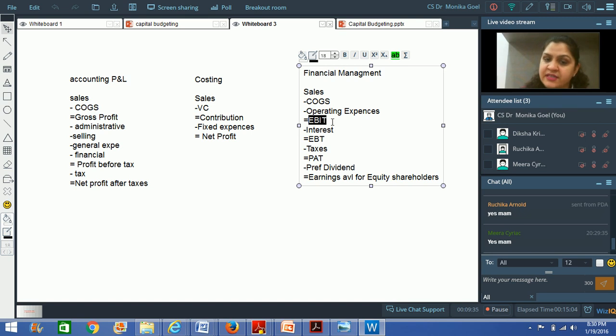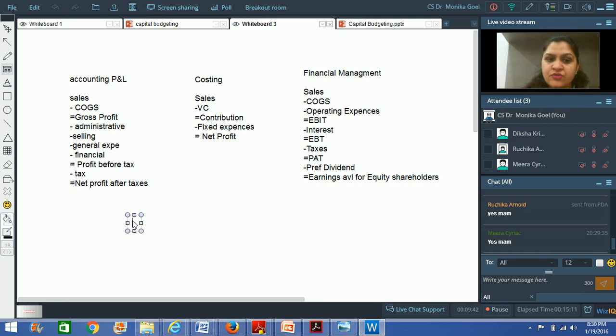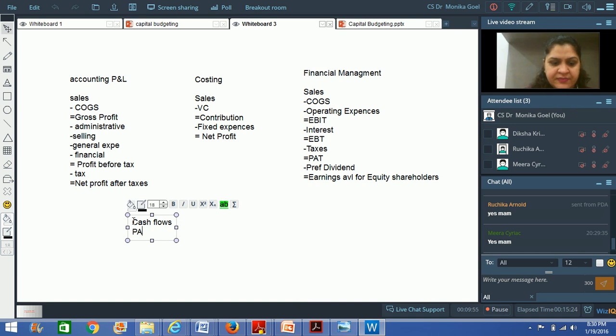In order to find out cash flows, I will have to add back the non-cash expenses to the profit after taxes.